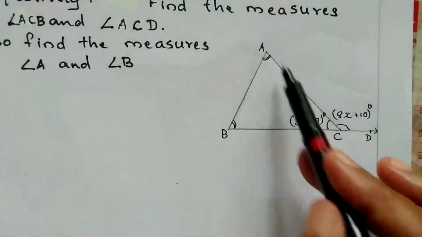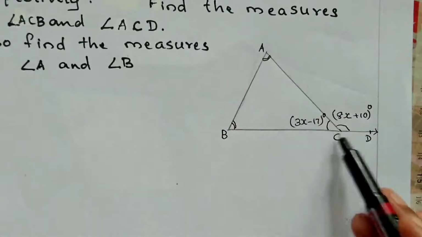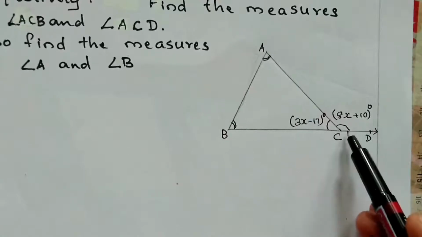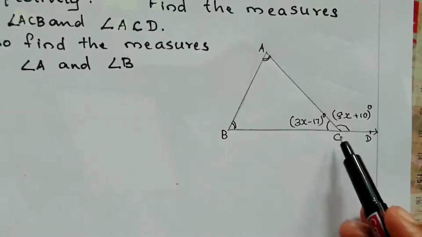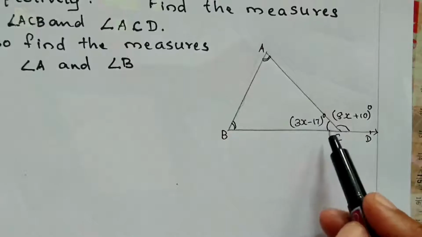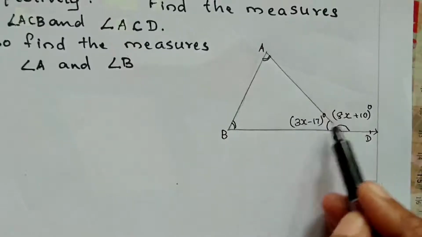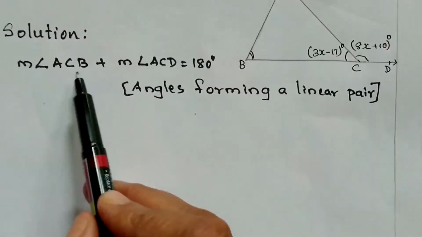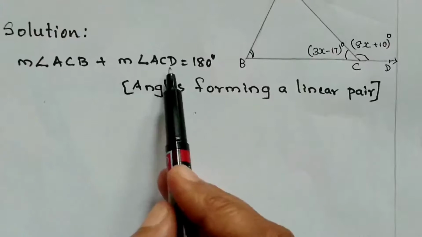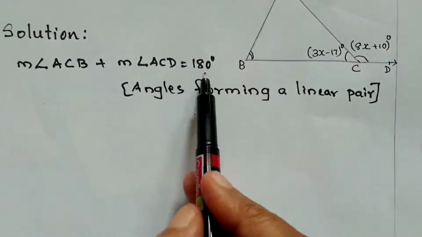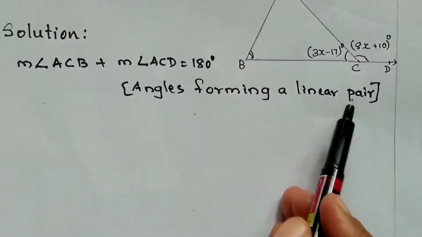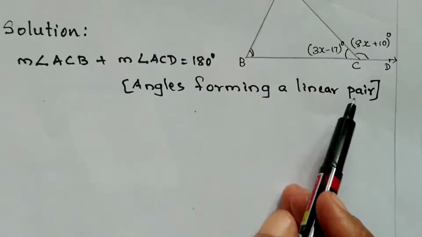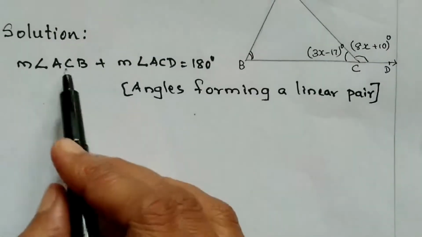We can see that angle ACB and angle ACD are forming a linear pair. So the sum of those 2 angles will be 180 degree. Measure angle ACB and measure angle ACD is 180 degree because these are angles forming a linear pair. Now let's substitute the values.